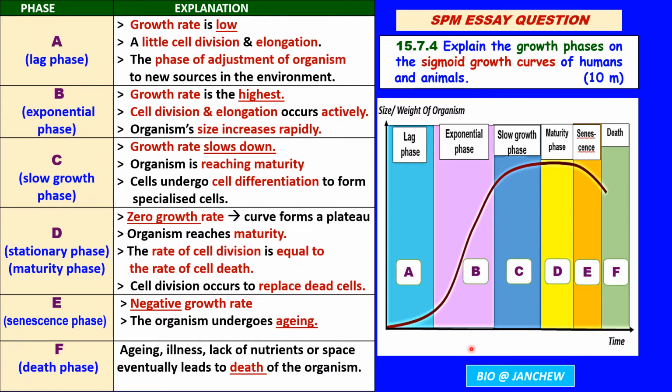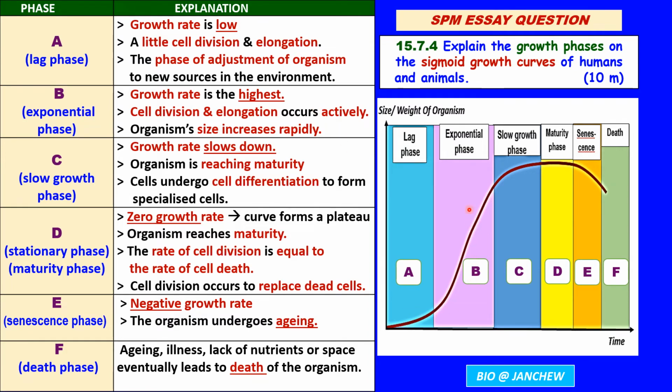Then after that, there is the exponential phase, because the number of cells has increased, so the cell division occurs faster. Cell elongation also occurs faster. So the size or the height of the organism, the weight of the organism increases very fast at this stage.